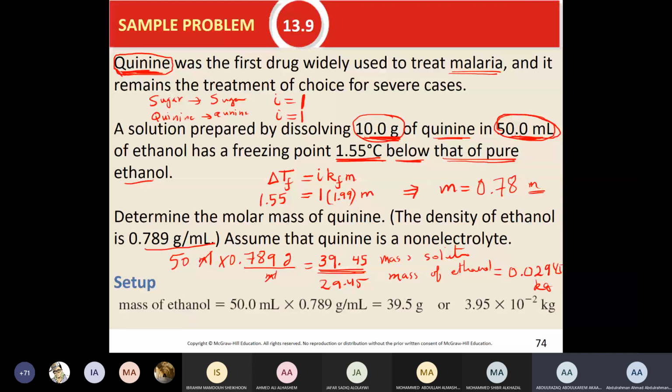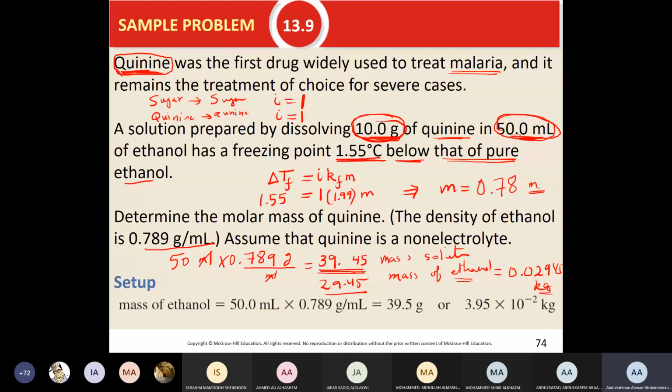So the mass of ethanol is 0.02945 kilogram.